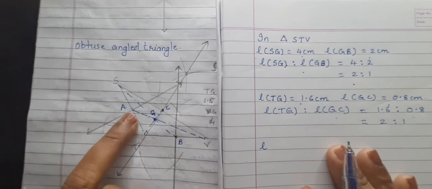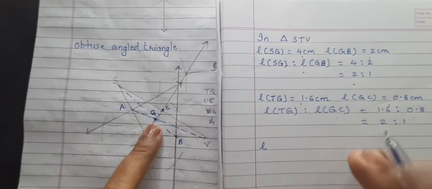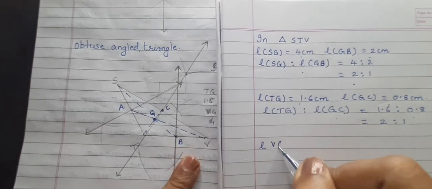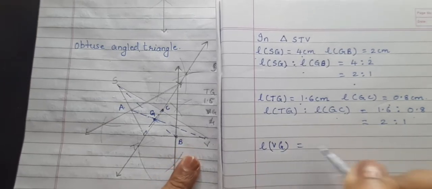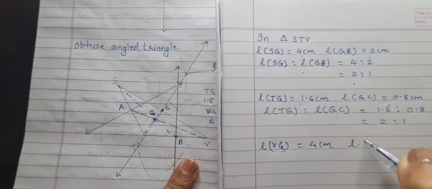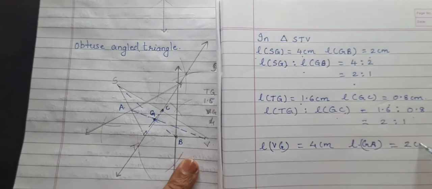Now we have to find the length of VG. With the help of the scale, it was measured as 4 centimeter, and length of GA as 2 centimeter.